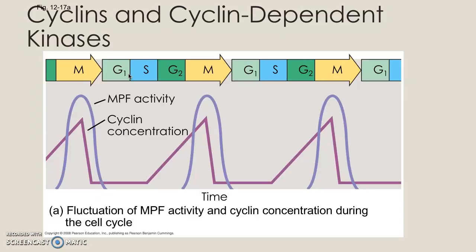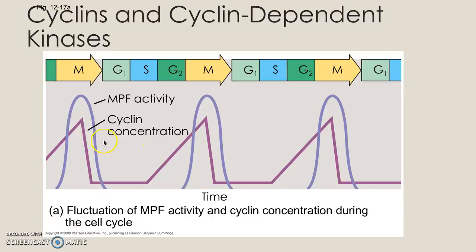And so the cyclin level rises during the S and G2 phase. As you guys can see, the cyclin concentration, right when it gets to mitosis, drastically decreases. And that's the pattern that it keeps. So it rises during the S and G2 phase, and then it decreases during the mitotic phase.